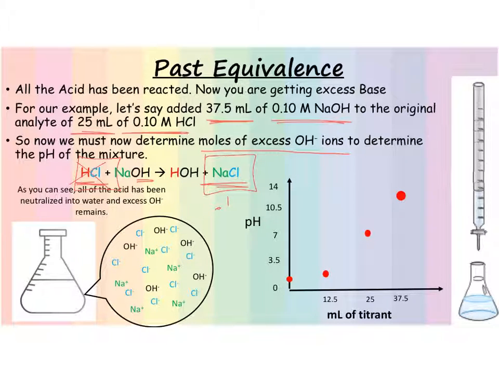And then my NaOH, I used quite a lot of it, but I still have a little bit left over. So I have 12.5 mL of it, which basically ends up giving me half the amount as I have over here for my NaCl. So I should have excess base shown, so I should be showing the excess OH-. And then I have my NaCl, and they are all neutralized.